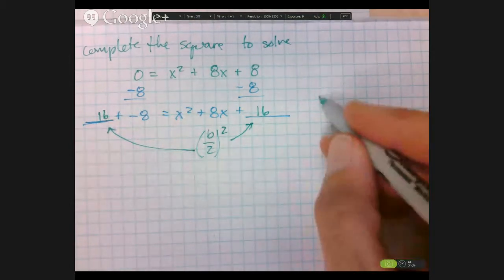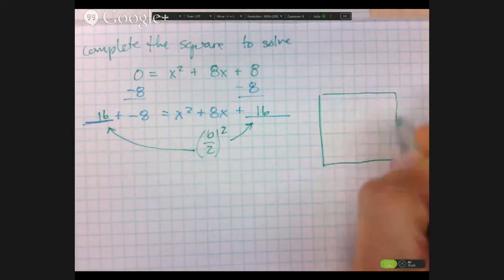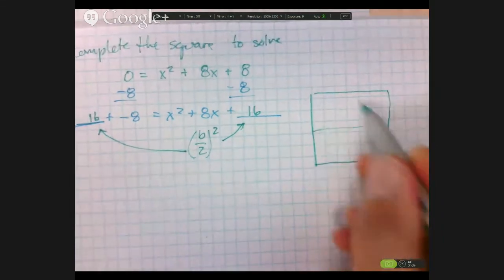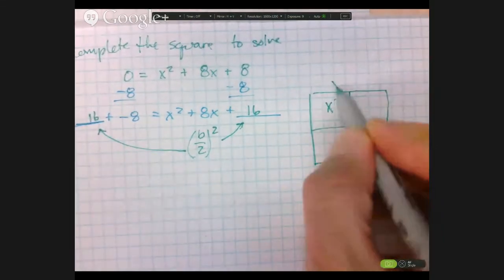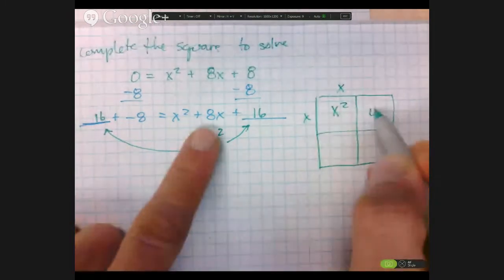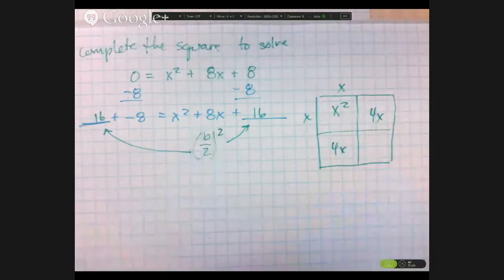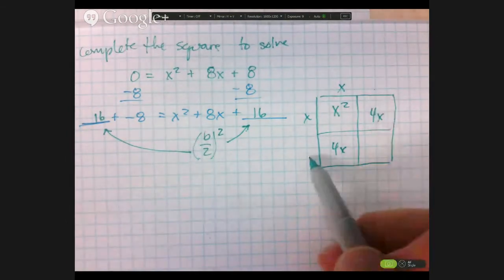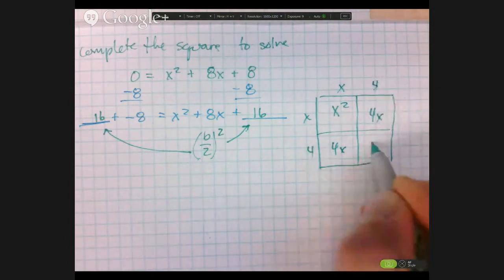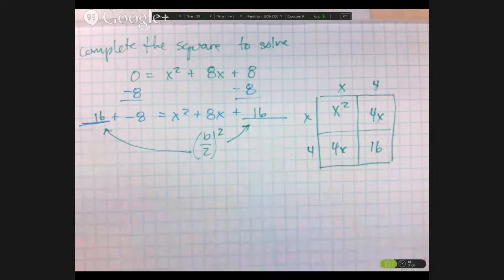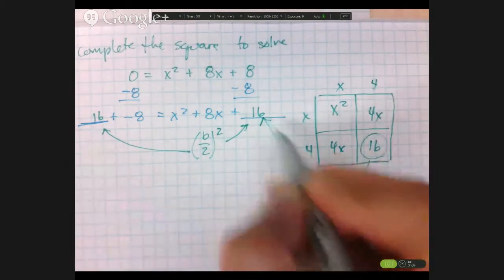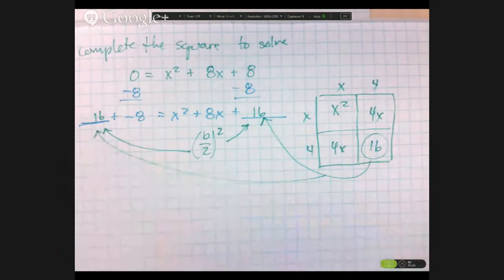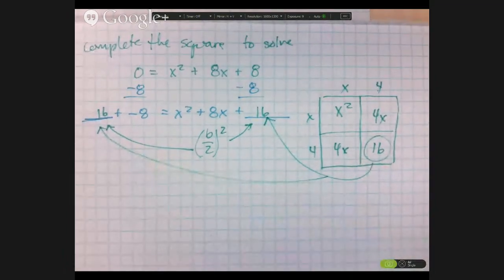Or use your Punnett square. What do these numbers need to be? There's your number, 16. It doesn't matter to me what you use. Okay, whatever's easiest.